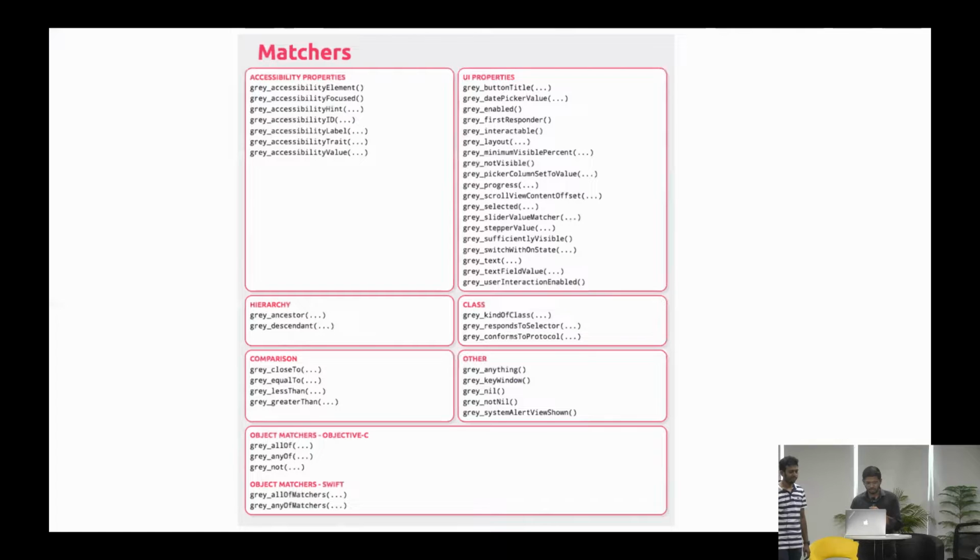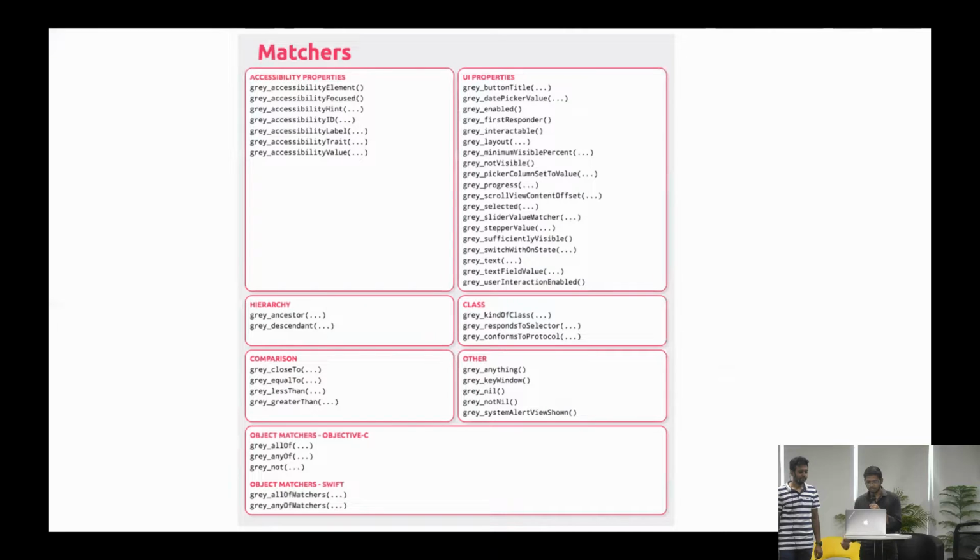So we have matchers for accessibility ID. Using accessibility ID, find the element. Using accessibility hint, label, trait, value. We have some UI properties here. For example, button title. I can simply say login button title. I don't even need accessibility ID for that.